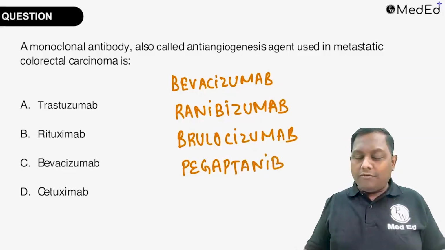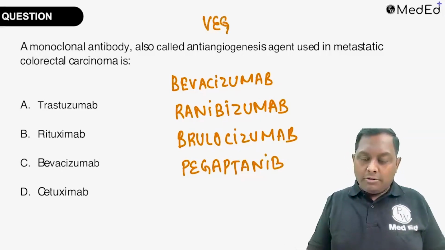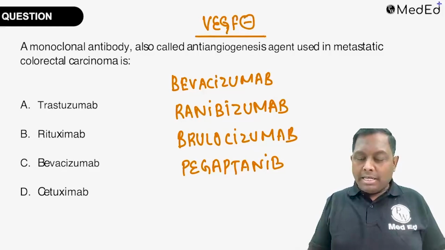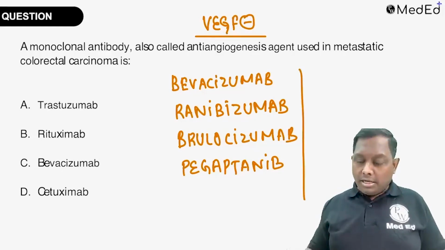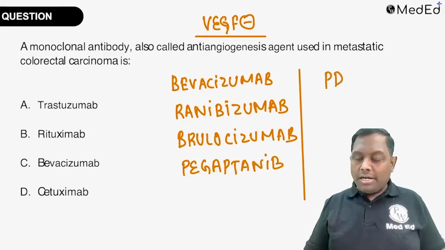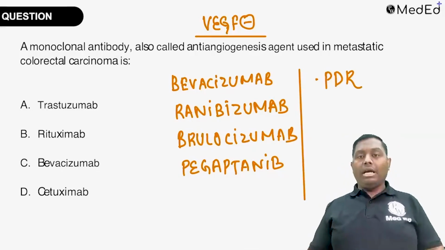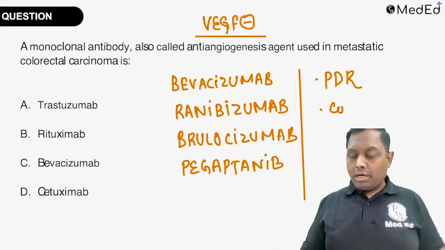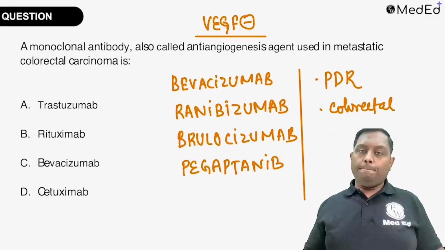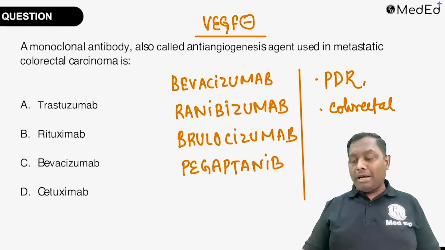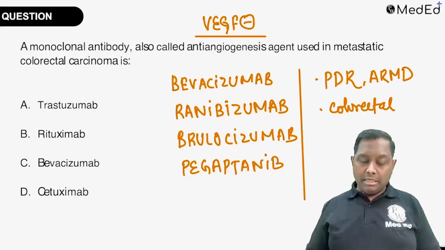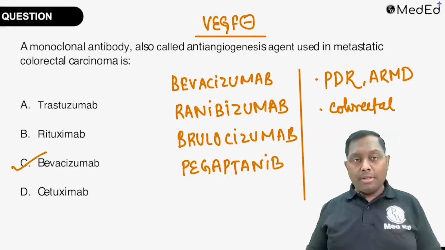These are all VEGF inhibitors, vascular endothelial growth factor inhibitors. They are going to act as anti-angiogenesis drugs, and they will be utilized for proliferative diabetic retinopathy. And can also be utilized for metastatic colorectal carcinoma, है ना. आप इसको age related macular degeneration, wet type of macular degeneration के लिए भी यूज कर सकते हैं, ARMD, उसके लिए भी यूज कर सकते हैं. तो we are having bevacizumab.